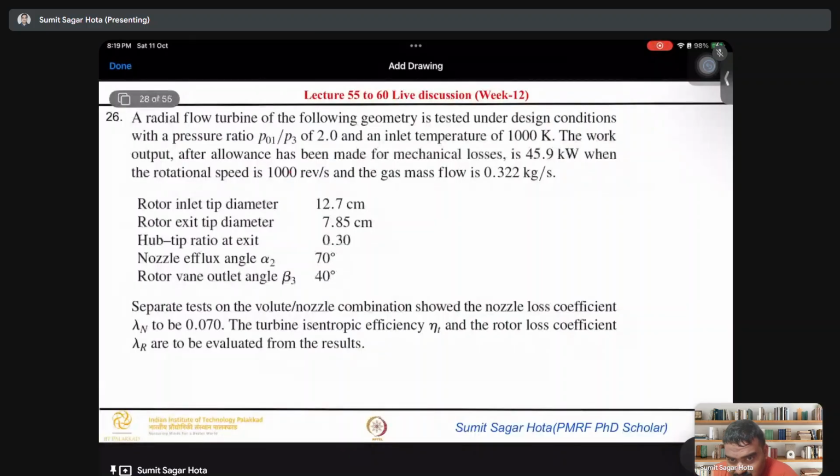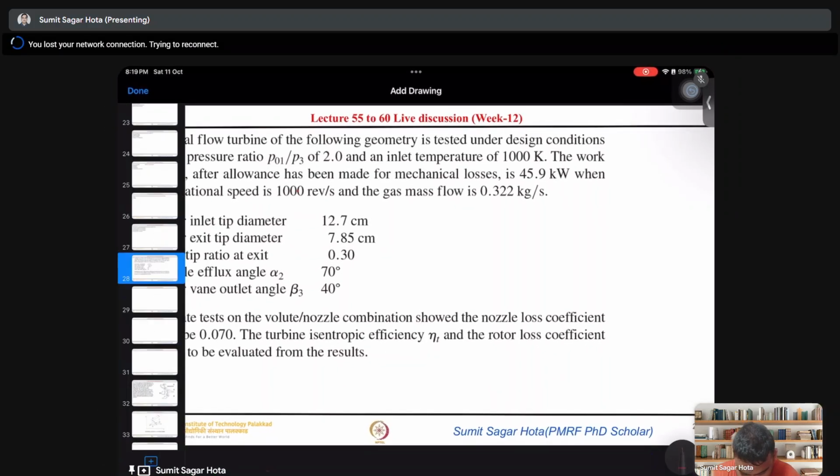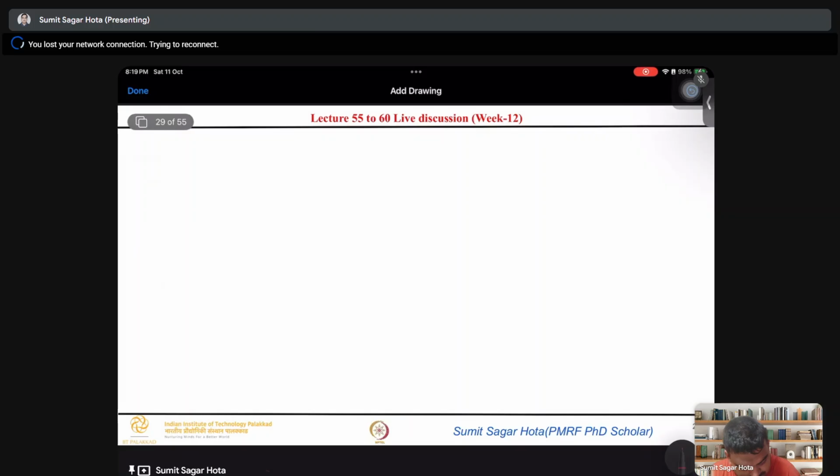The turbine isentropic efficiency eta t and the rotor loss coefficient gamma r are to be evaluated from the results. That means the eta t and the gamma r we need to evaluate from it. Okay. So let's start solving.